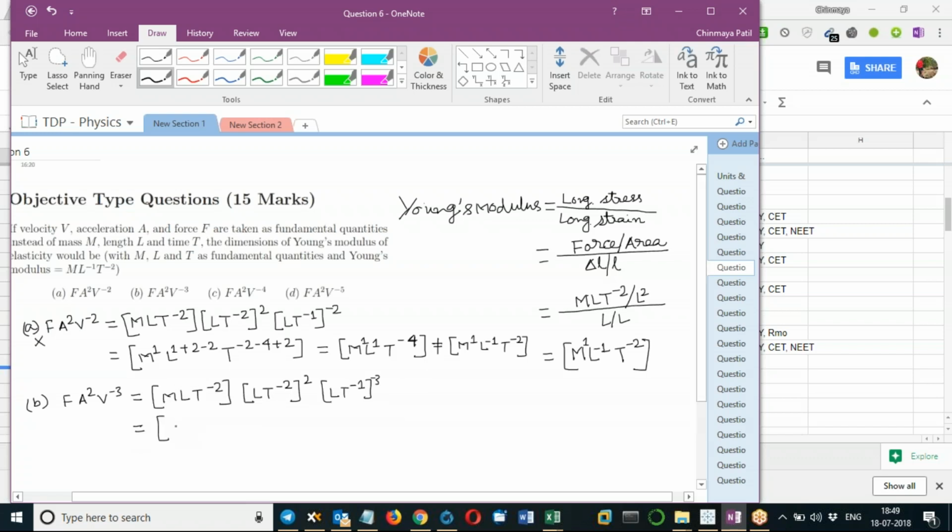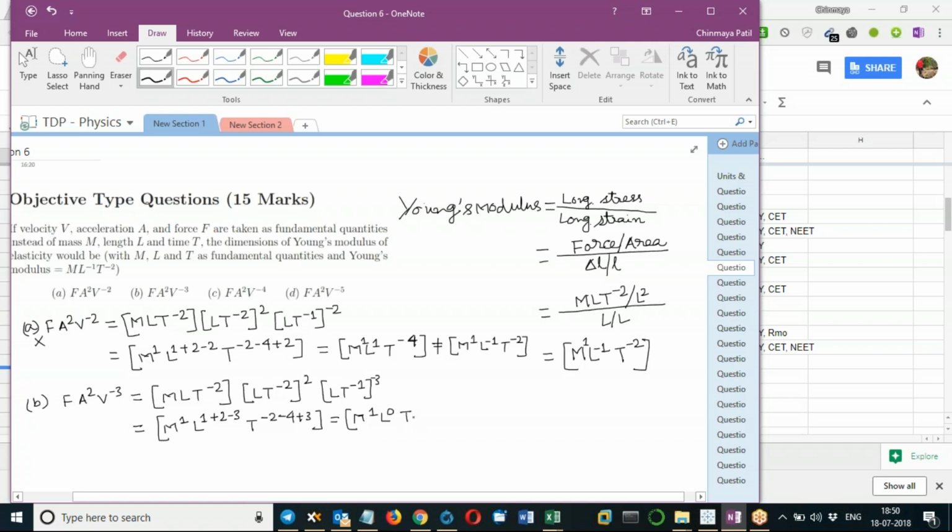Here M power 1 stays as it is. Then L power is 1 plus 2 minus 3, and T power is minus 2 minus 4 plus 3. So here we get M power 1, L power 0.